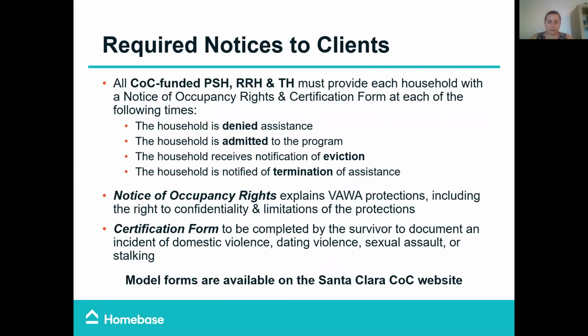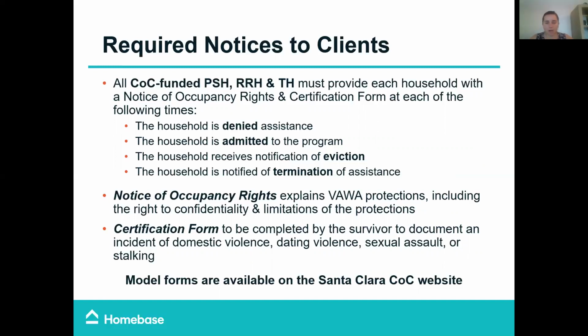It can be difficult to identify and impossible to predict when domestic violence may occur, so CoC-funded projects need to provide each applicant and participant with a notice of occupancy rights and certification form at each of the following times: when the household is denied assistance, admitted to the program, receives notification of eviction, or is notified of termination of assistance.